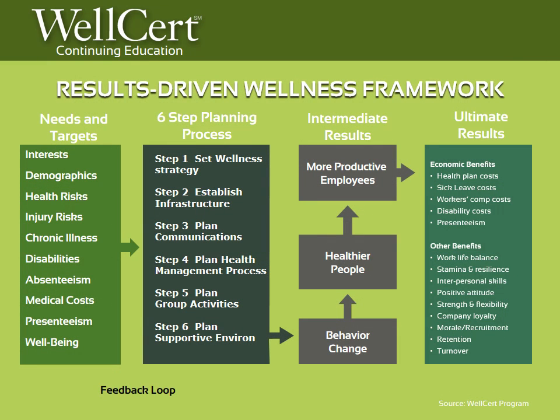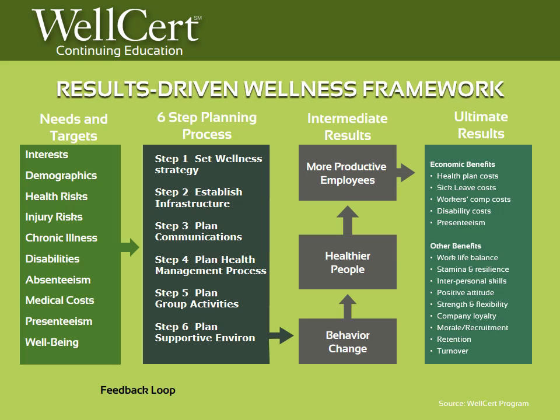Now, the results-driven wellness framework allows us to look at needs and targets. We then have a planning process that helps us come up with a design, which usually involves a set of targets we're going after. They're behavioral targets. And we also then have interventions that are linked to those targets.